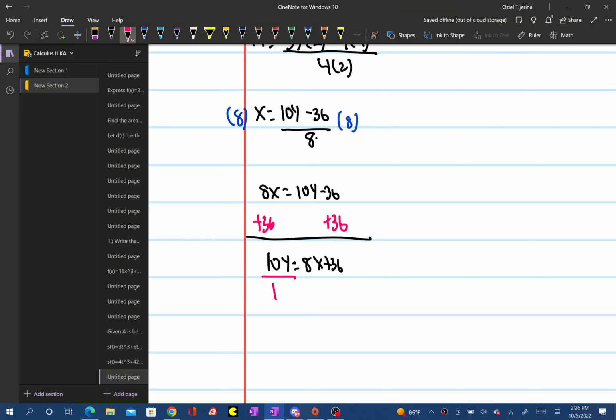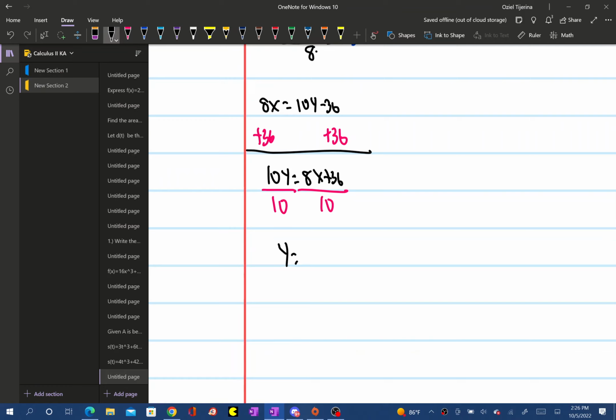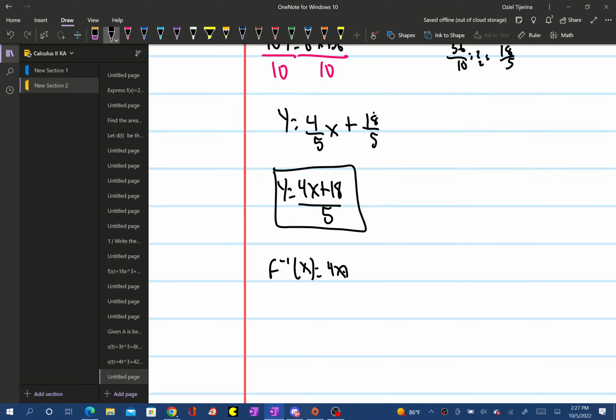And then divide both sides by 10. We get that y is equal to 8 over 10, that's 4/5 x, and then plus 36 over 10, that's 18 over 5. So this is y equals 4x plus 18 all over 5. So the inverse is f inverse of x equals 4x plus 18 all over 5.